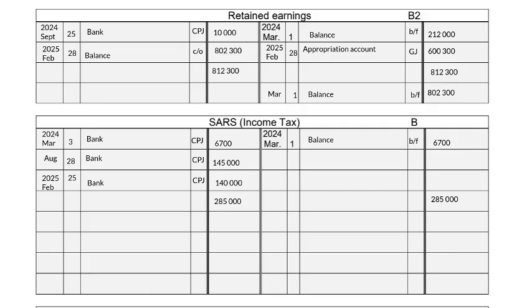So on the credit side, our date will be 2025 February. It will be on the 28th.